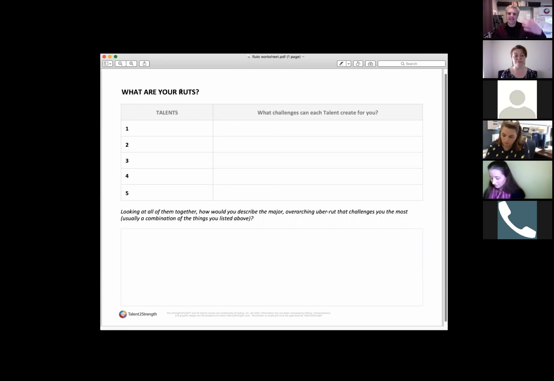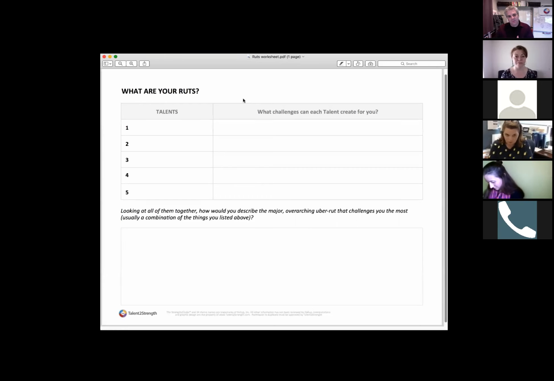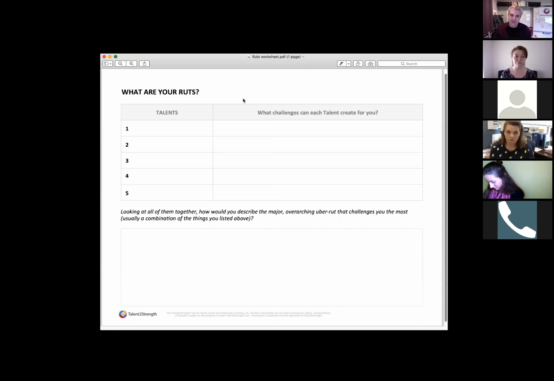Like they can see that, which can be useful because then it's a doorway into seeing how the theme really does fit for them. And then hopefully from the rut side, if that's where they can make their connection, then you can back them into the enabler side and the match side, the positive side of it. Although ideally we'd like to start with the positive side.